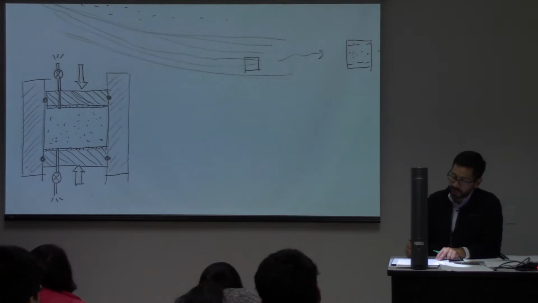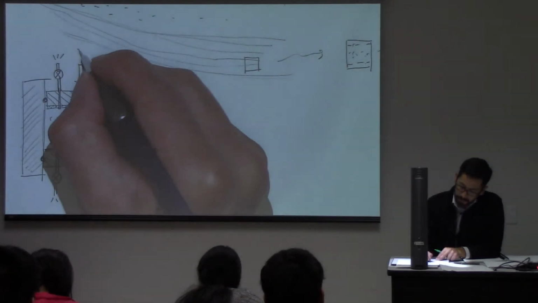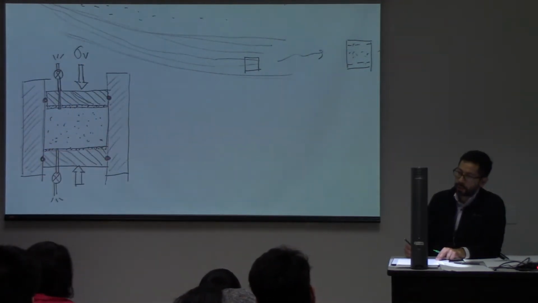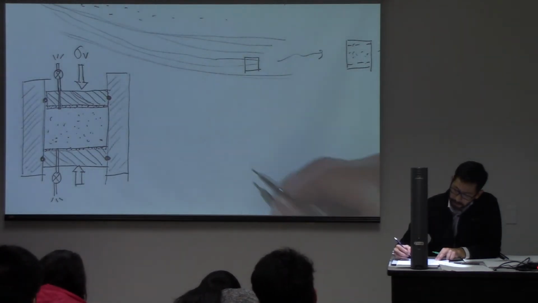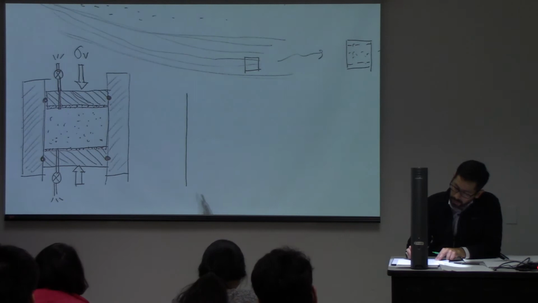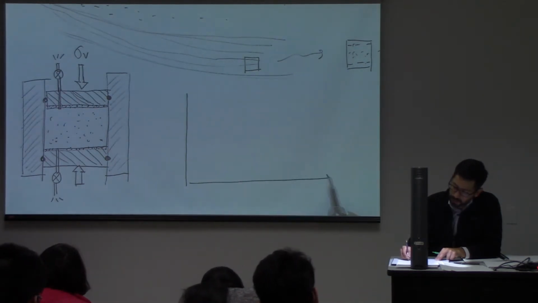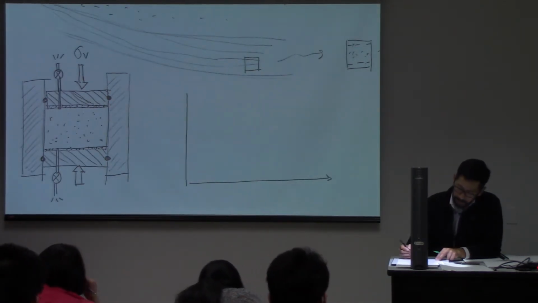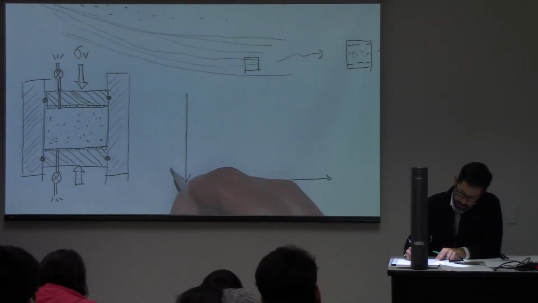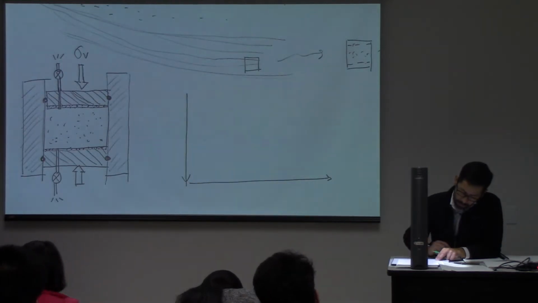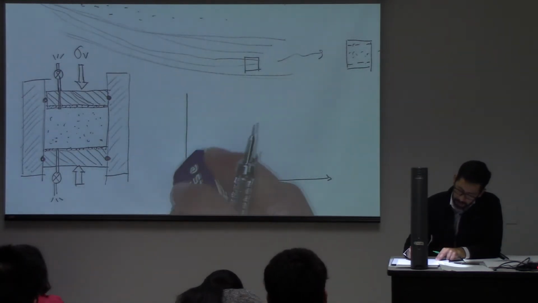If you were to run such tests, usually you would apply loads with time, and as you apply loads with time, you measure the porosity. Wait a minute, I have inversed the axis.